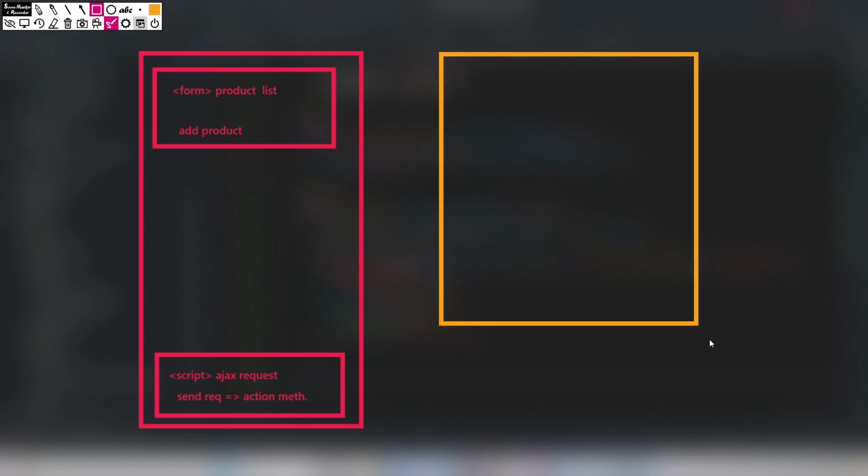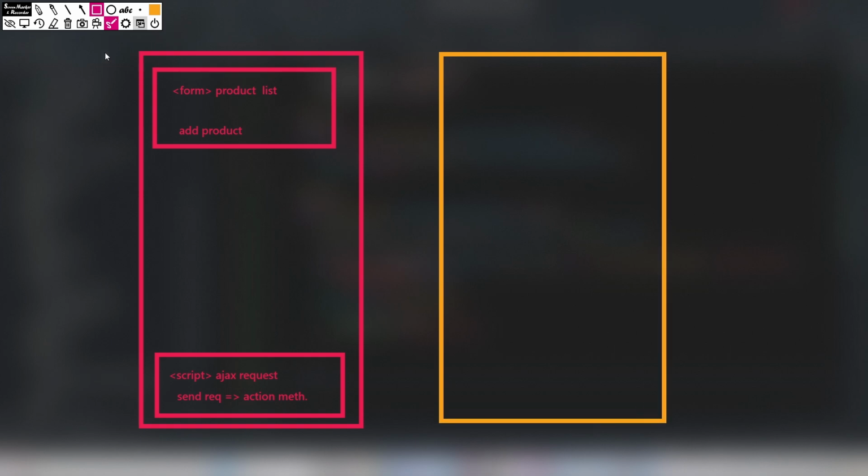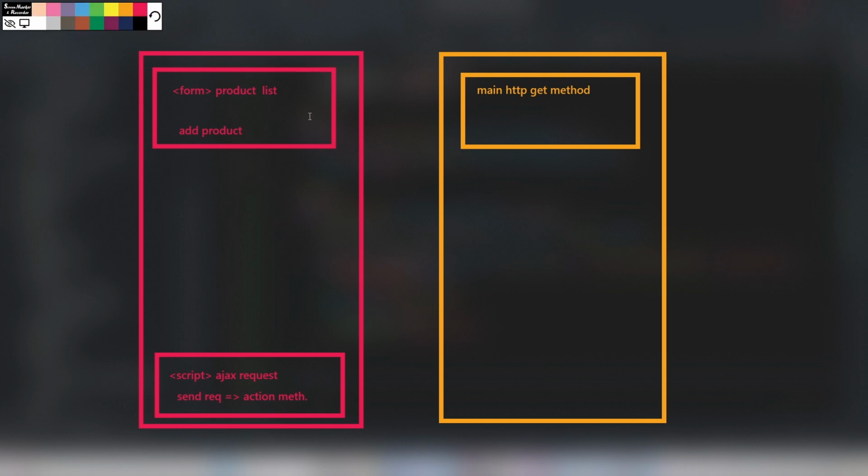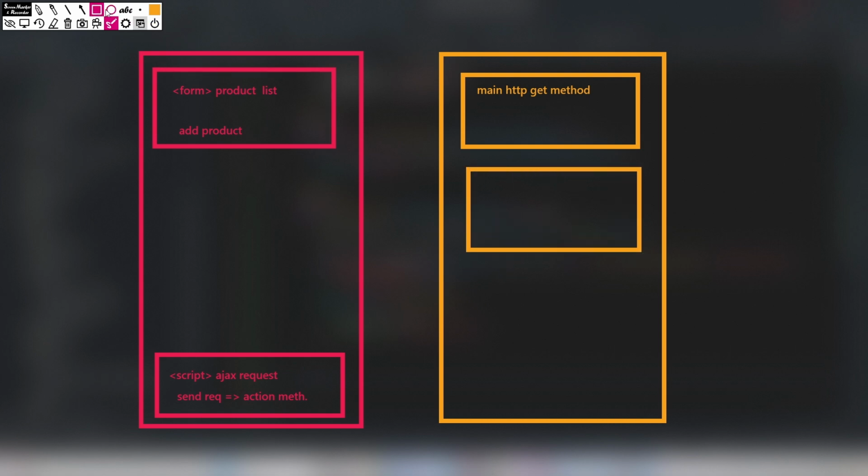Okay, let's say this is our controller. We have an action method, the main http get method for all pages, and we're going to have another http get method for Ajax request, http get for Ajax.